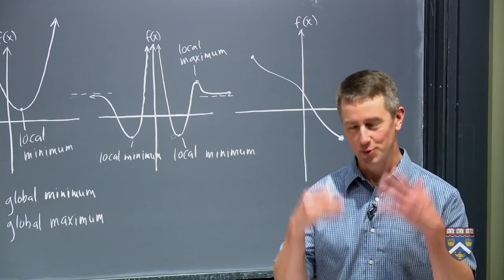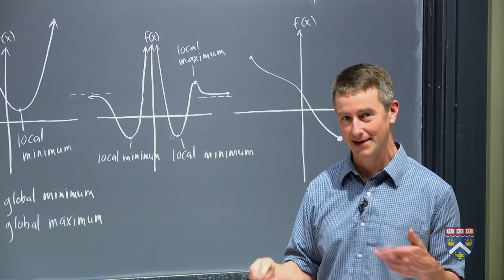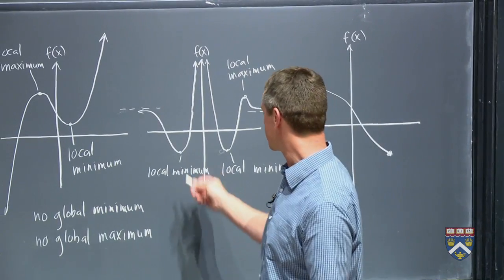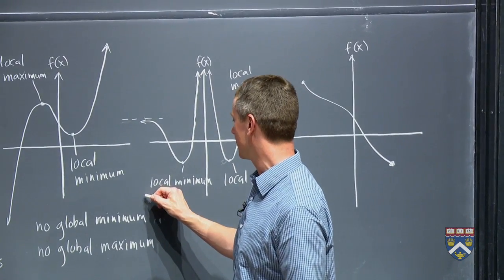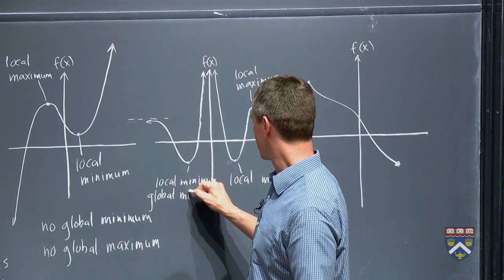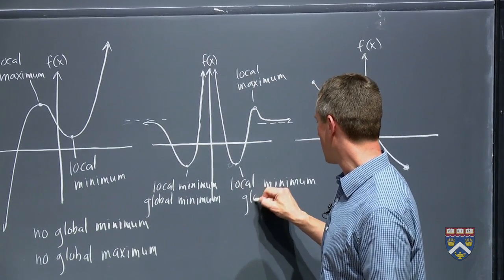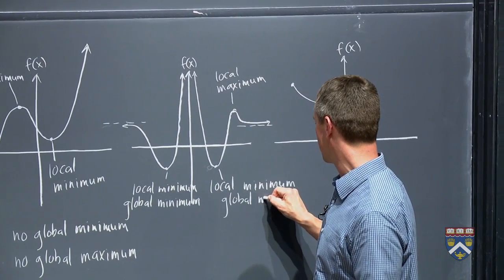Yes, you are, right? Somebody else has the same highest salary, but you do have the highest salary. Therefore, these are also both global minima. So it is possible to have more than one global max or min.